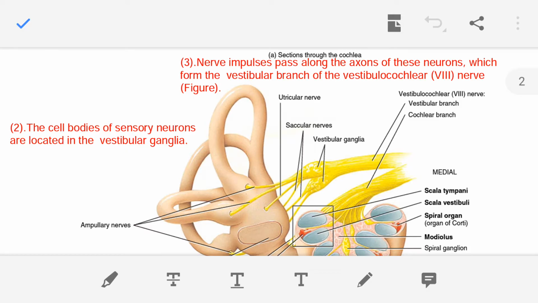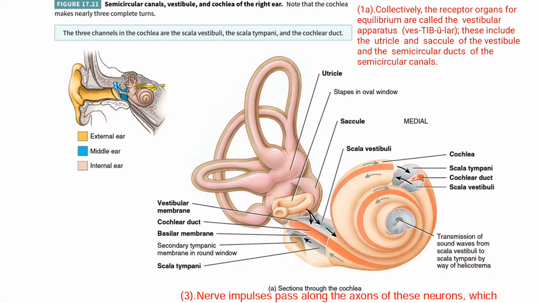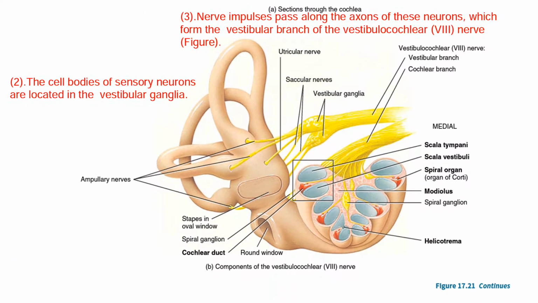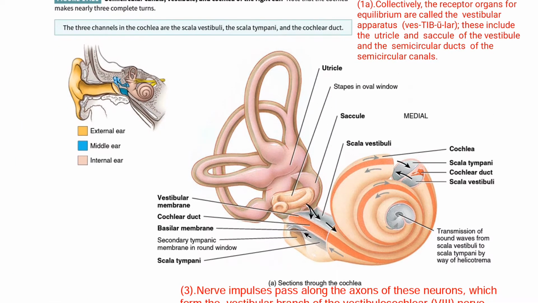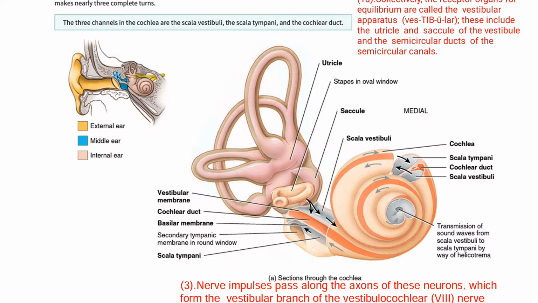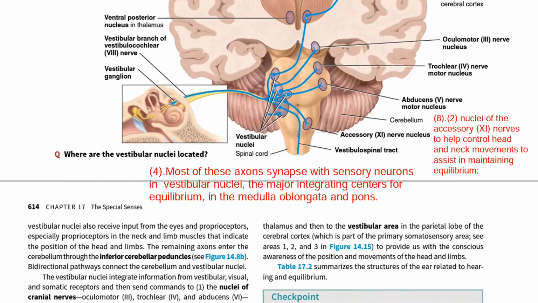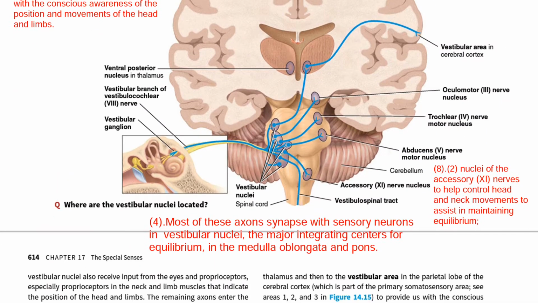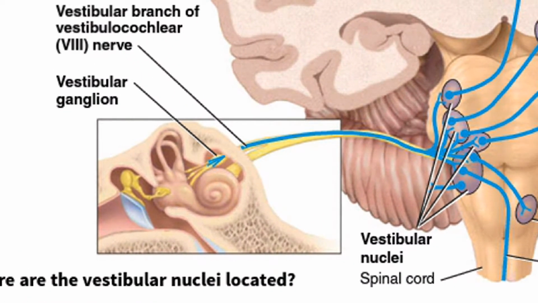Let me show you this entire figure. This was the first figure, and this figure. Now one more, see this. Here you can see in this figure also the ear is shown.